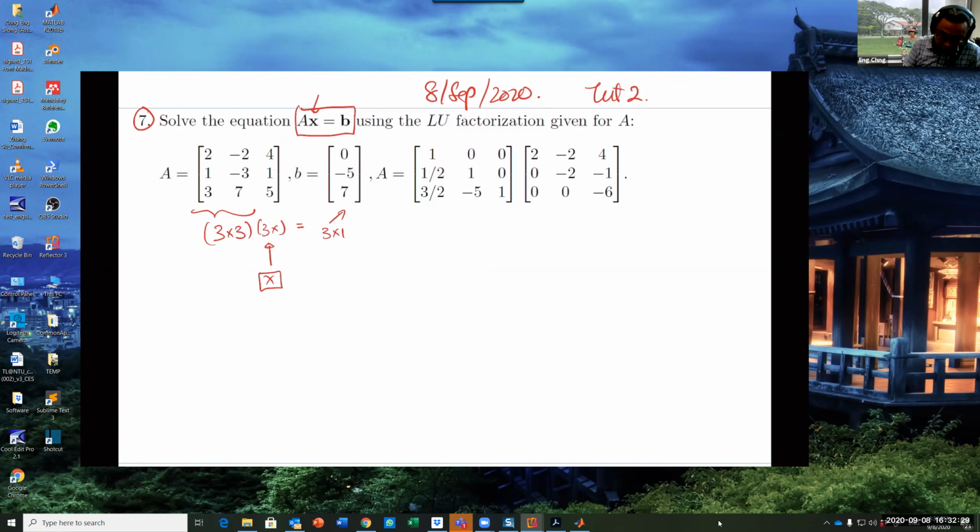And of course, our approach since day one was to do Gaussian elimination. And then in the Gaussian elimination, we have the matrix in this form.